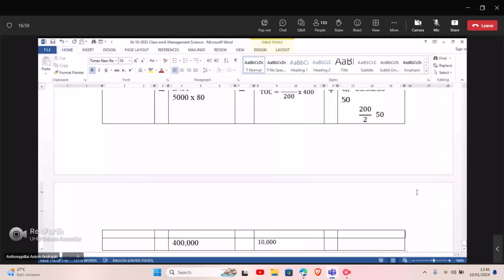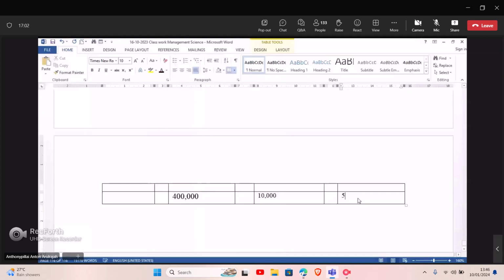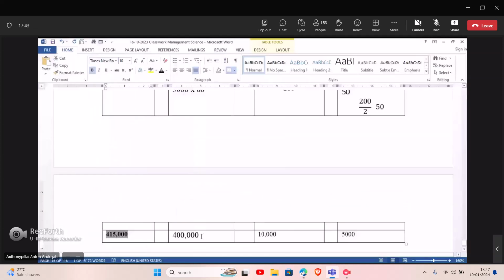What is the total cost now? 4 lakhs plus 10,000 plus 5,000. That's the total, about 4,15,000.